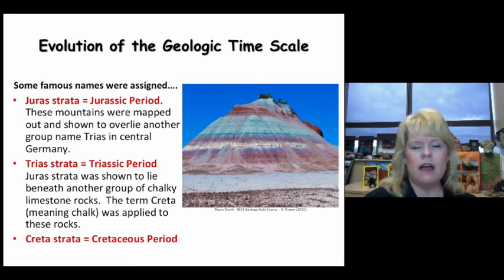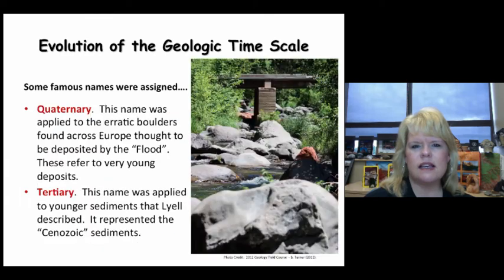So above the Jurassic, we have a chalky limestone layer, and the word Creta means chalk. So that's what the Cretaceous period ended up being named. So the Mesozoic is named after a series of various different localities and then a specific rock type in the case of Cretaceous. So some other famous names were assigned that are younger rocks.